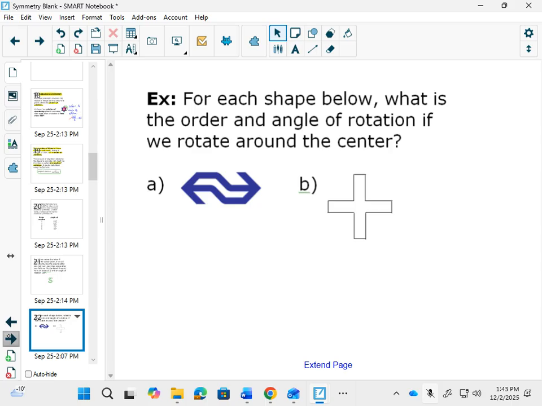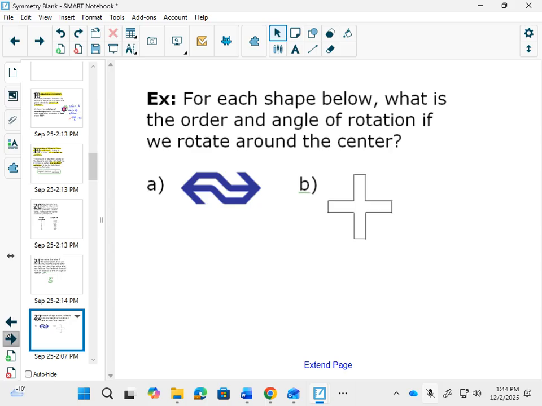Remember that it's 360. So this is the order. Jaden, you want some tracing paper? Order is 4. You already got it? It's 360.